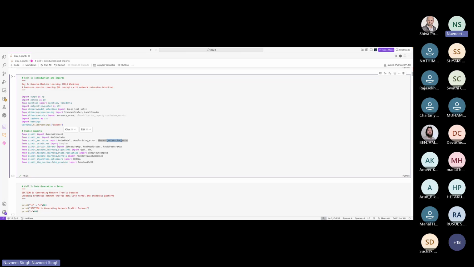Next is the import for QSVC. QSVC is our quantum support vector classifier, and it behaves similar to your classical support vector machines, but its inbuilt kernel is computed through the quantum feature maps. And we have another, VQC, a variational quantum classifier.